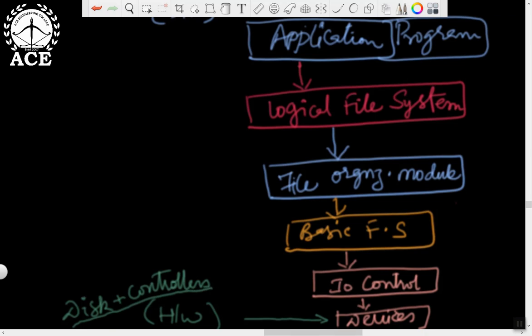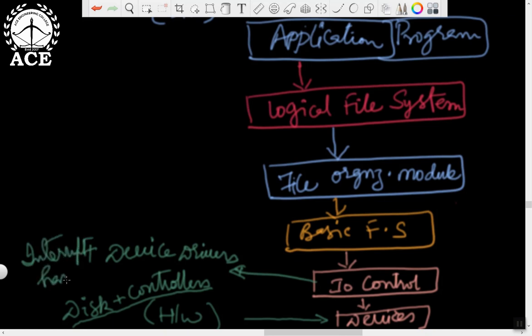So that is devices. Now what will the input output control module contain? This will contain device drivers. Every device needs to have a device driver. We generally install the device driver, remember? So all device drivers and the interrupt handlers are here. Interrupt handlers are there in the input output control module.